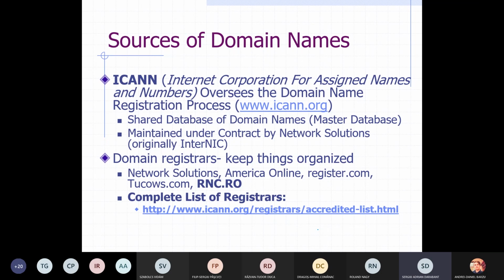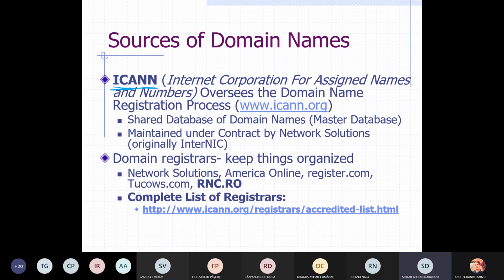And now, who manages this, and how? Let's look a little bit from the administrative point of view at how this is managed. There are some organizations, ICANN, Internet Corporation for Assigned Names and Numbers.